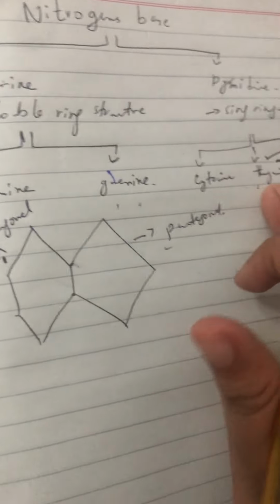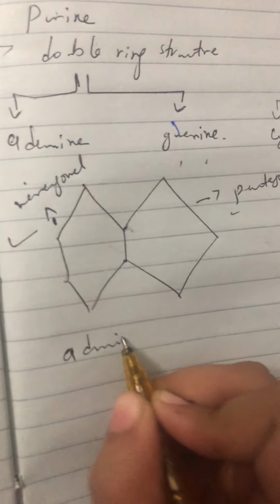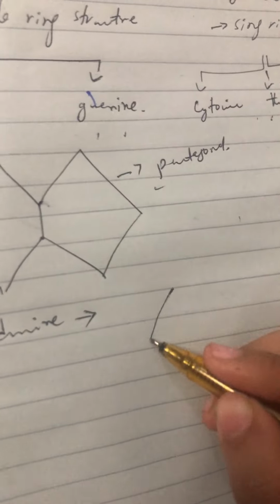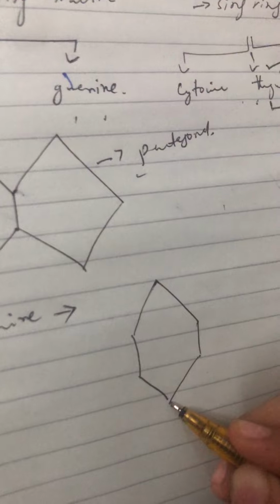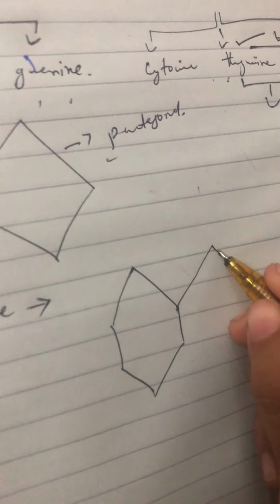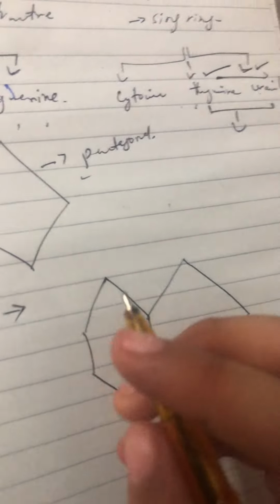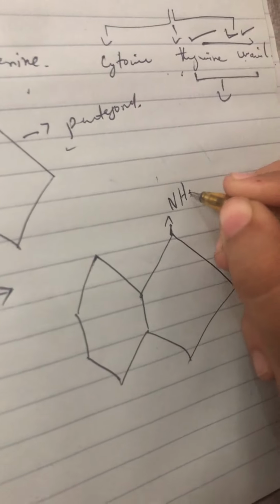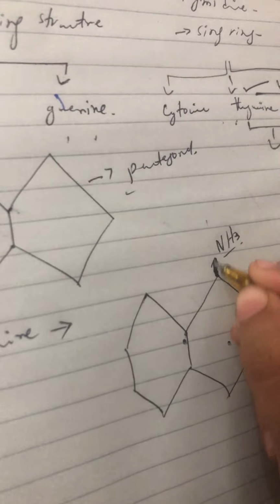Now if we talk about the structure of these, first of all adenine. First there will be the hexagonal, then pentagonal, right? But in adenine there will be the amine group, NH2, on the top.